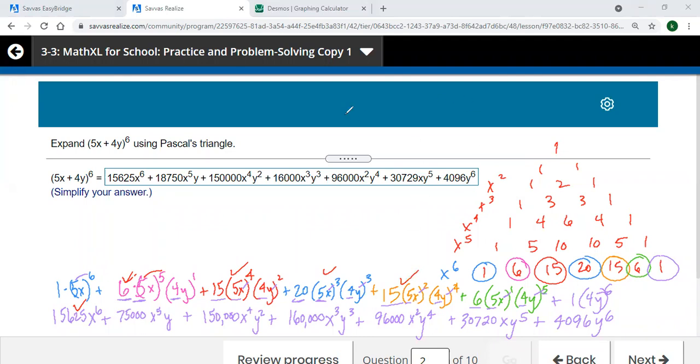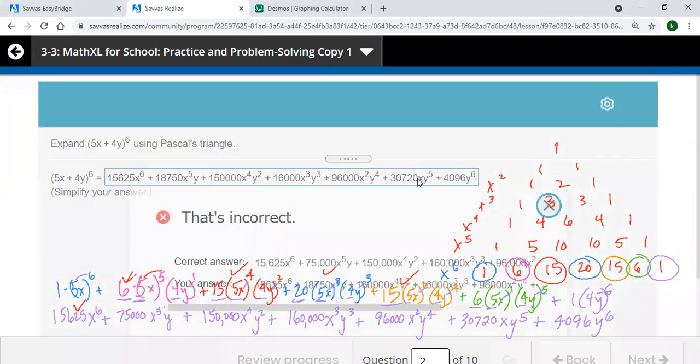Whoops, I didn't type it in right. And 4096. Did I type all the rest of them right? Let's see if that is it.